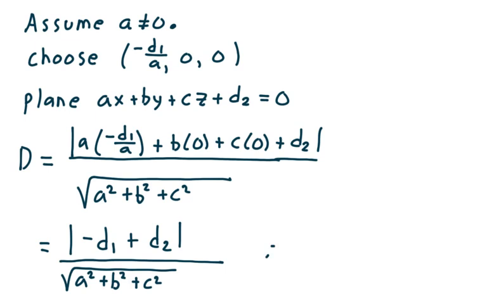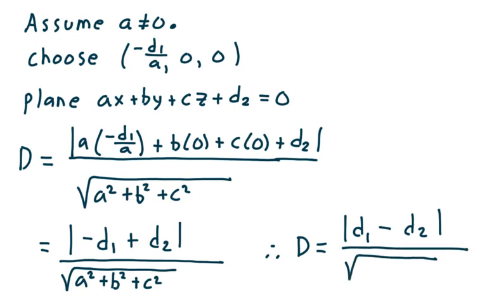And so therefore, if you want the distance between two parallel planes, you can apply this formula. We take the absolute value of D1 minus D2 divided by the square root of A squared plus B squared plus C squared. It's really very slick.